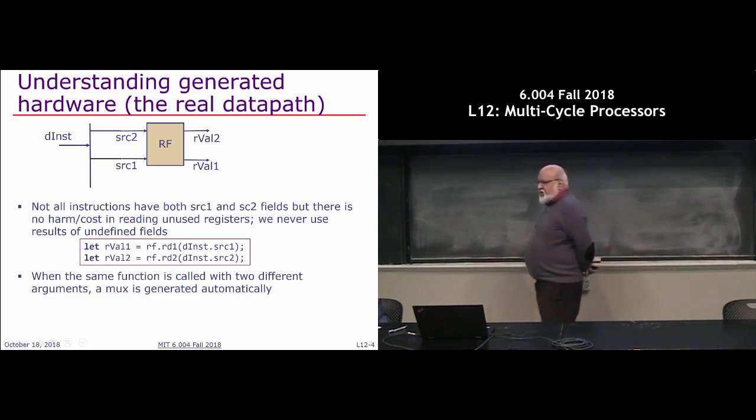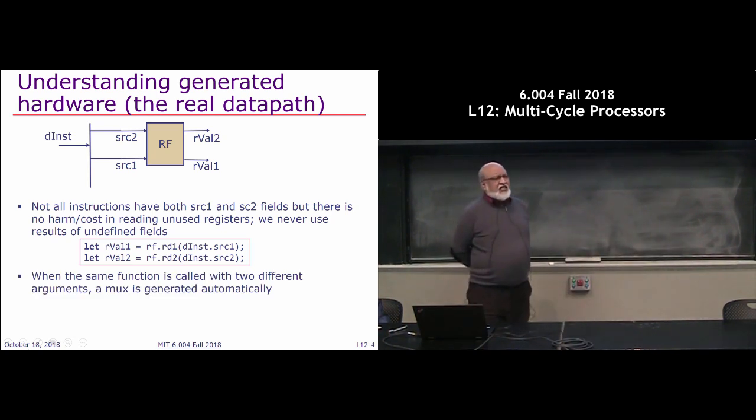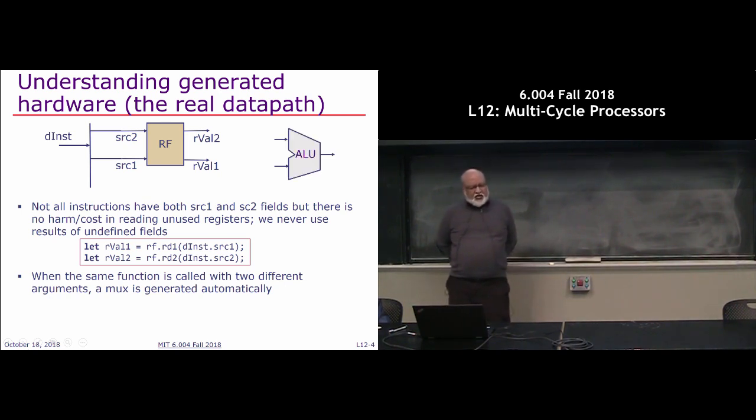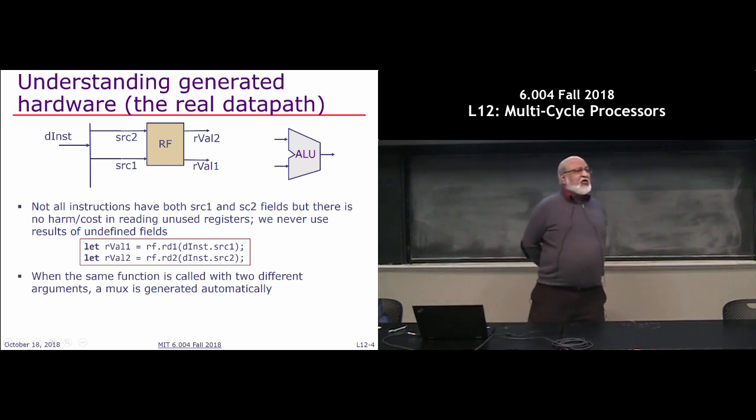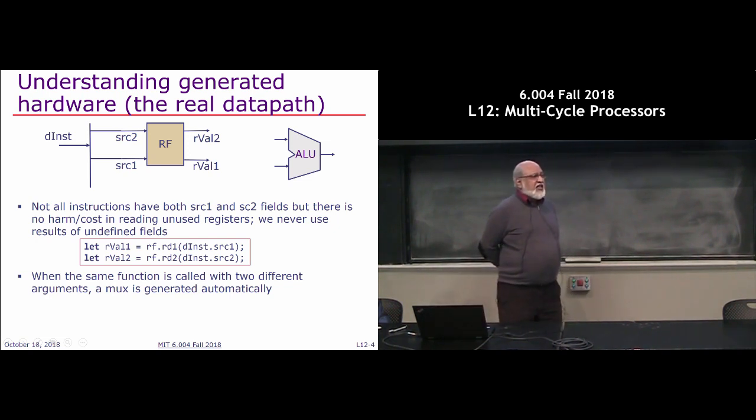Now, the interesting thing here is what happens when the same function is called from two different places. Most of the time you're going to take RVAL1 and RVAL2 and feed them to the ALU. But remember our immediate instructions. There is a whole bunch of instructions where the second operand is in the instruction itself.